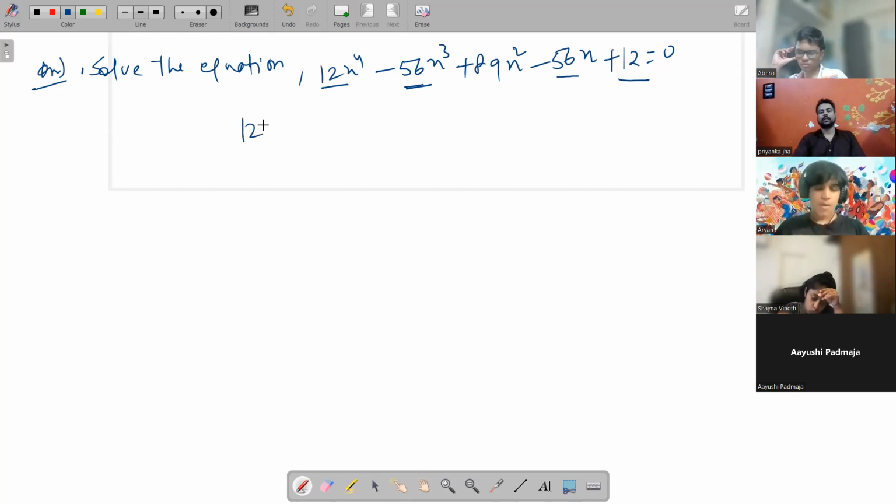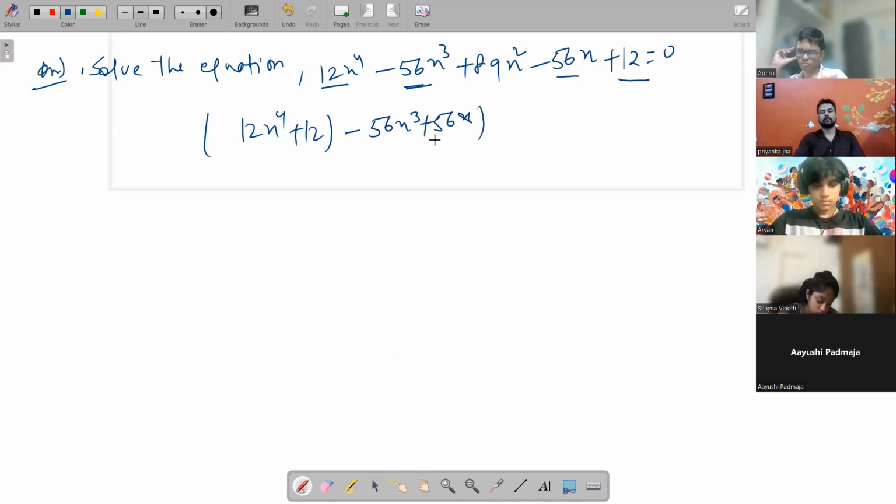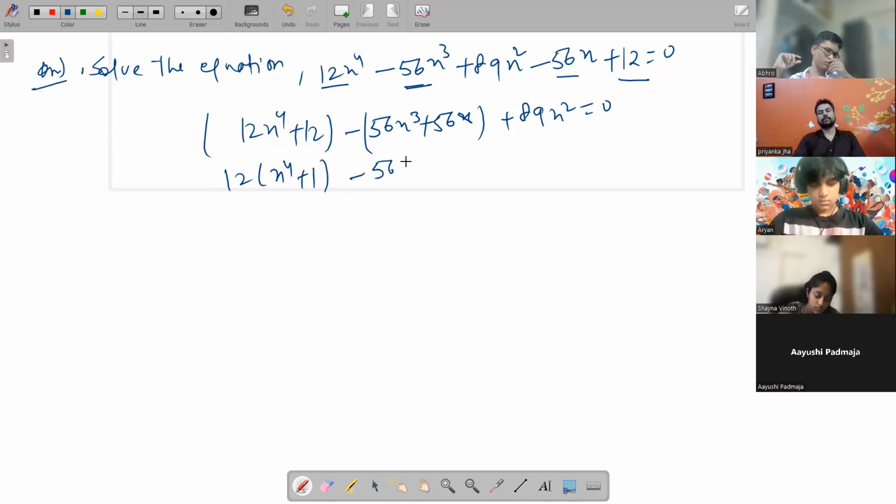So do one thing, keep these terms together like this. So take 12 out, x raised to 4 plus 1. Take 56 out, x cube plus x plus 89 x squared equal to 0.